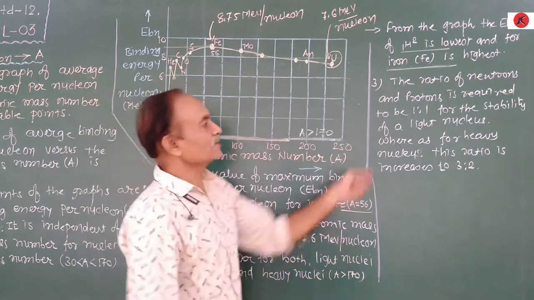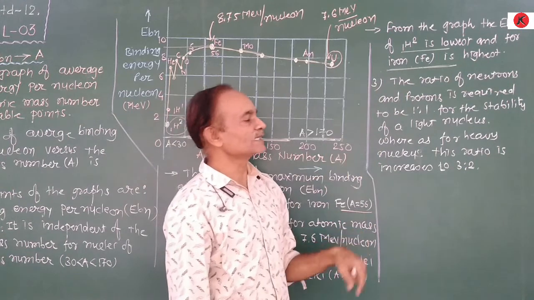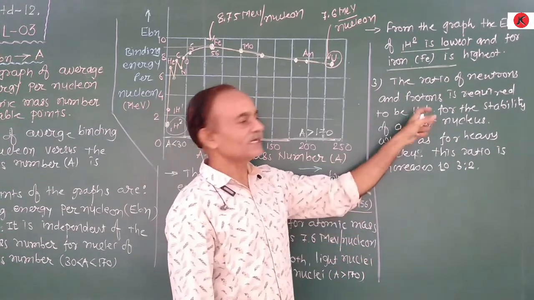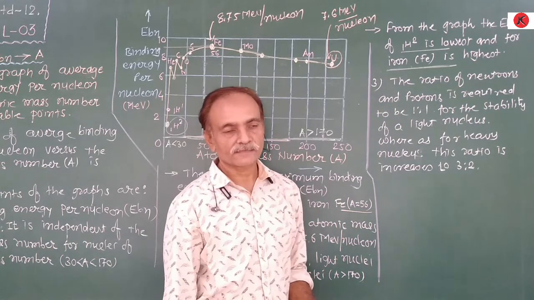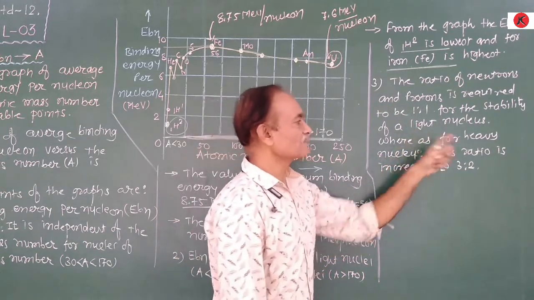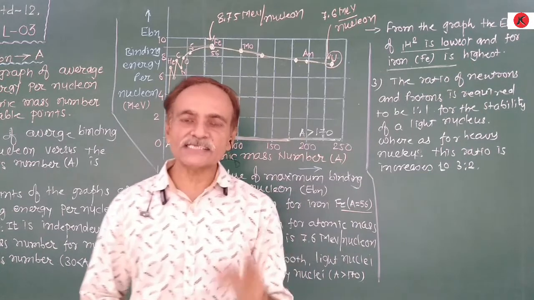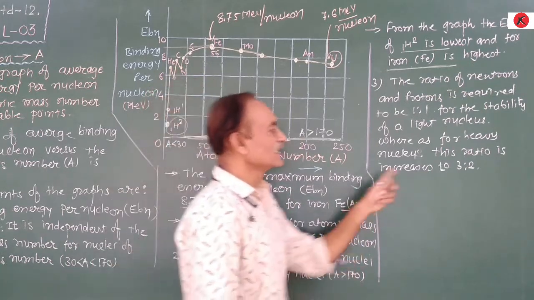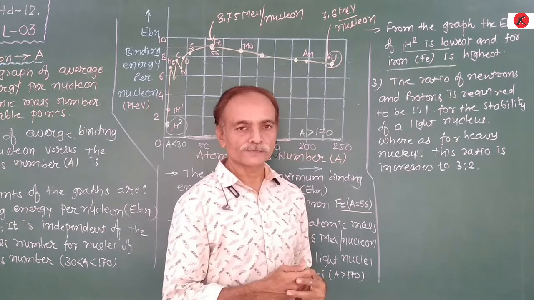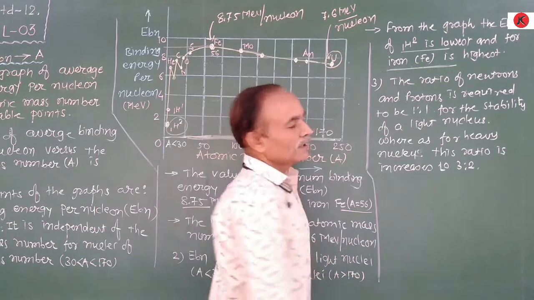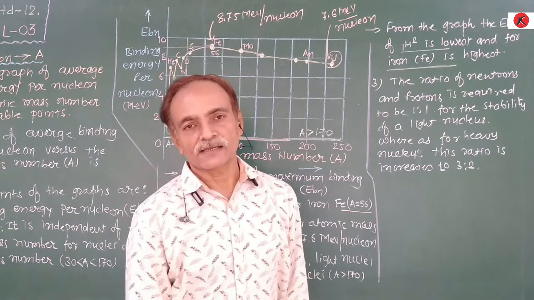Now, the ratio of neutron and proton is required to be 1:1 for the stability of a light nucleus, whereas for a heavy nucleus, this ratio increases to 3:2. Now listen, how the nucleus becomes stable.